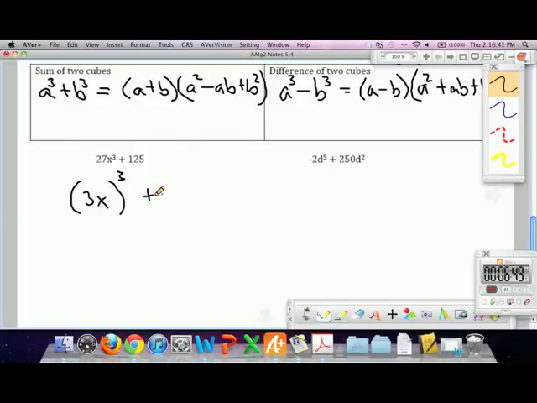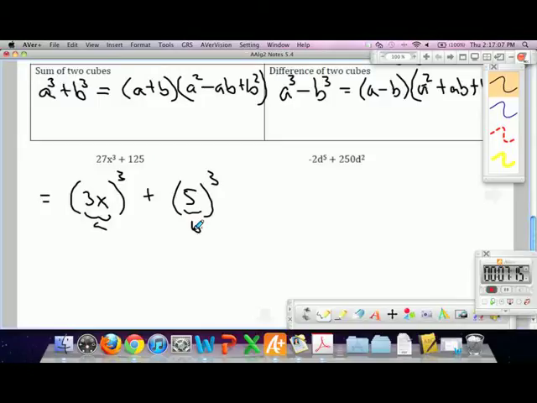It's 5, so this is 3x to the third and 5 to the third. So then, if I know that this is the relationship, this is like my A, this is like my B. And they're perfect cubes that are added together. So you could use this sum of cubes formula to get an efficient factoring.